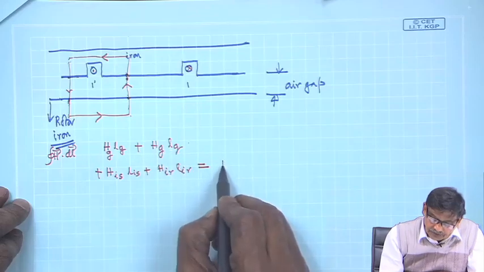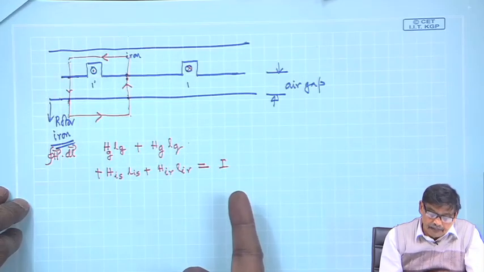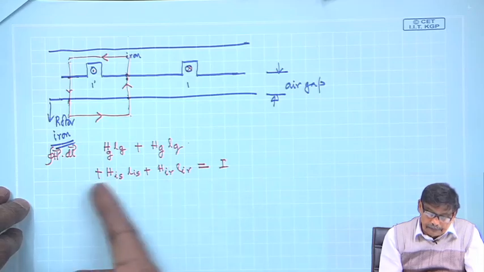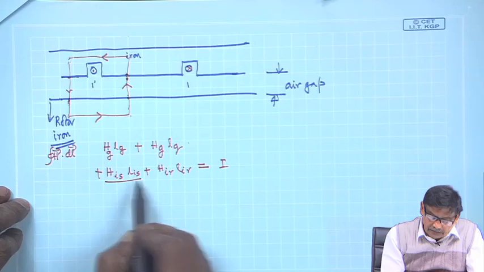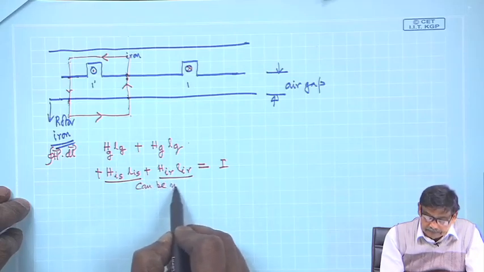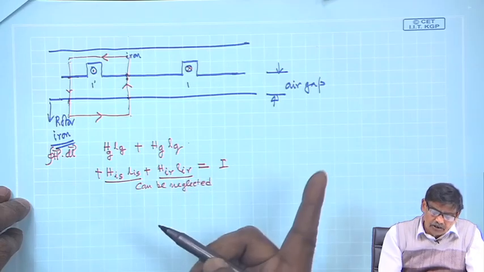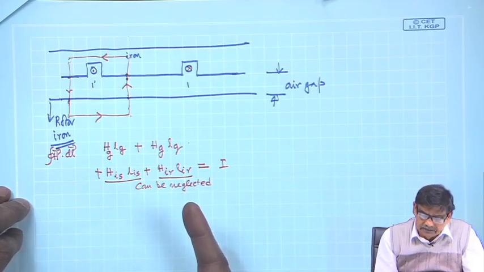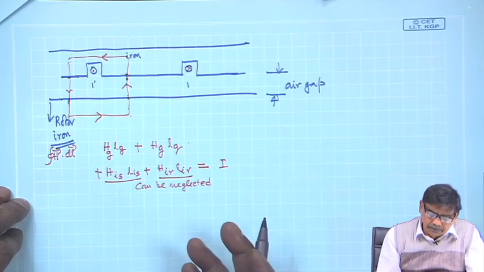current enclosed. What is the current enclosed? It is I. But I am telling these two terms can be neglected. We will always assume iron is very good type of iron we are using with respect to the air gap.